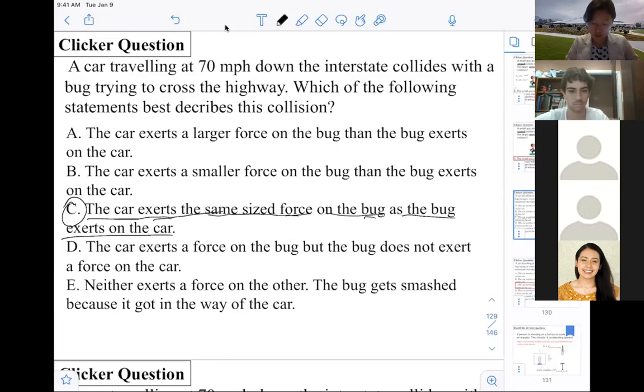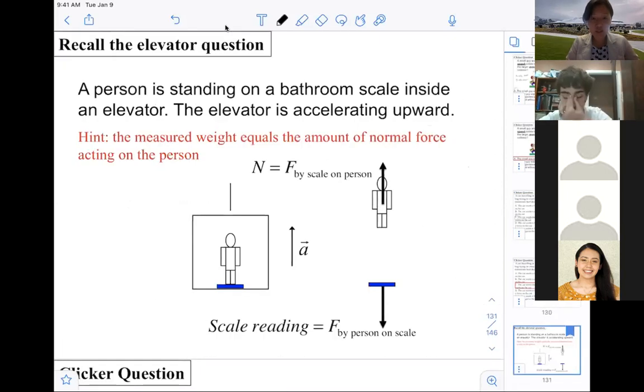Let's go back to recall an elevator question, because when we were doing this problem earlier, I simply gave you a hint. I said the measured weight that shows up on the scale as you stand in the elevator is the same amount as the normal force acting on the person. I didn't explain why, but now we can.